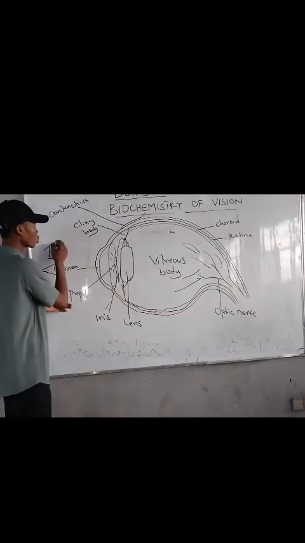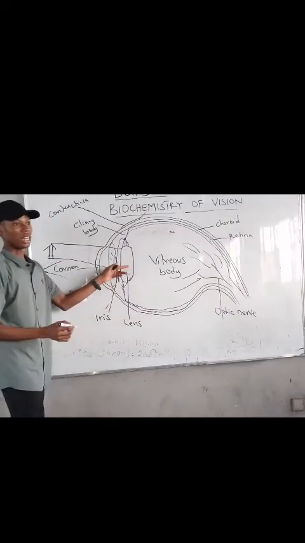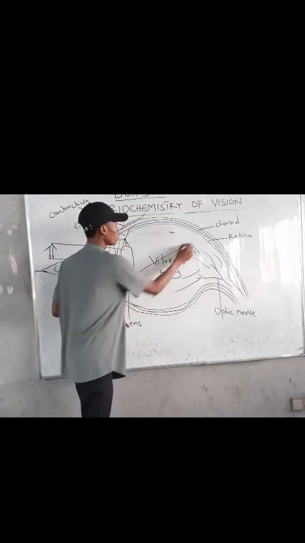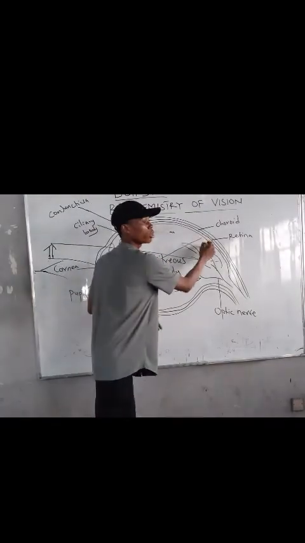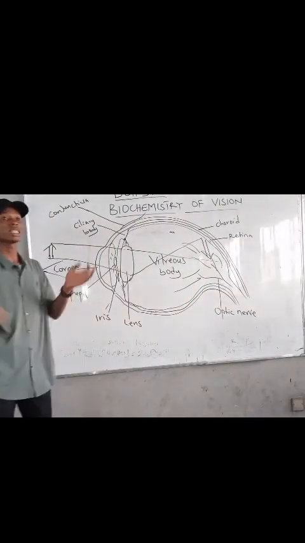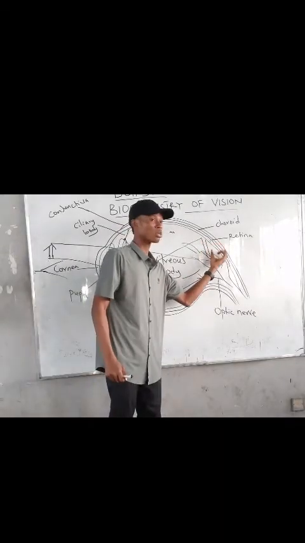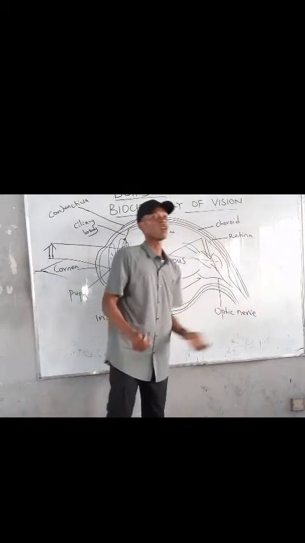As light comes from here and hits the lens, it will be turned upside down and formed on the retina, upside down. Then the information passes through the optic nerve to your brain for interpretation.